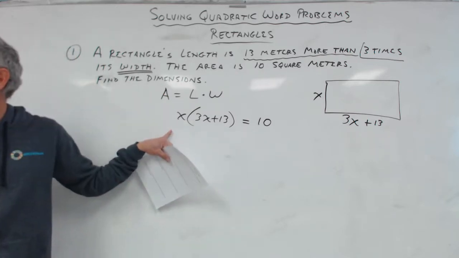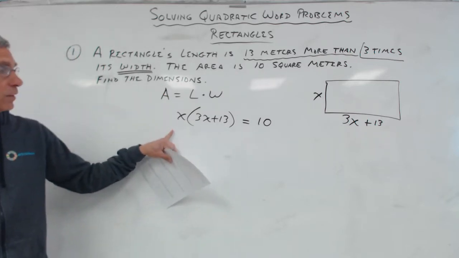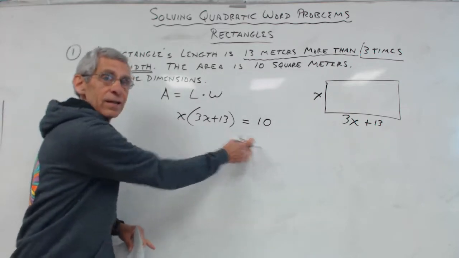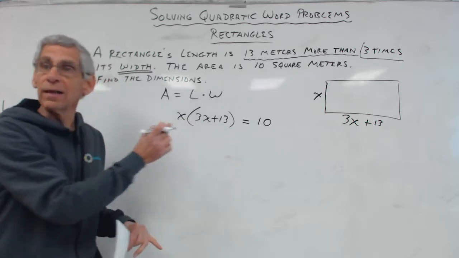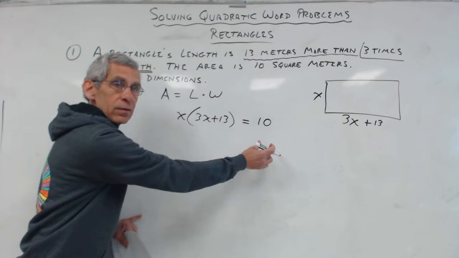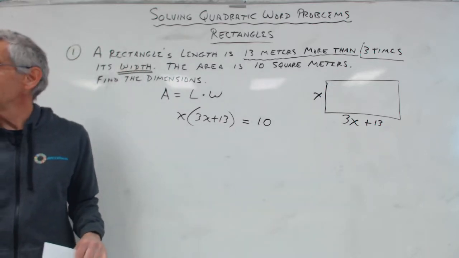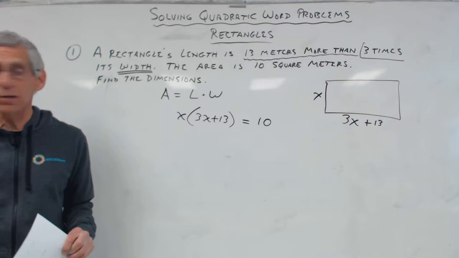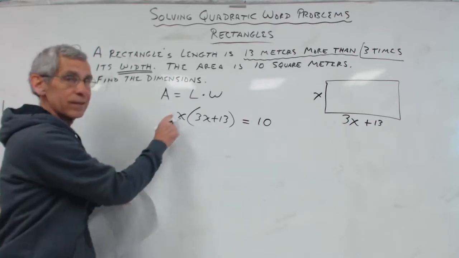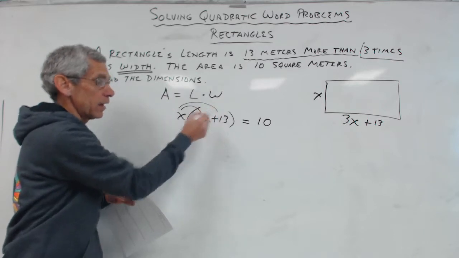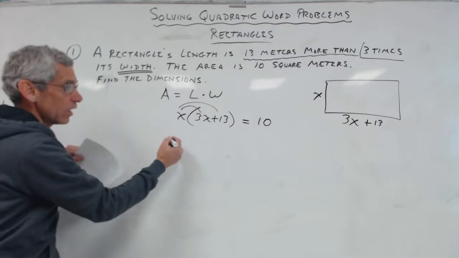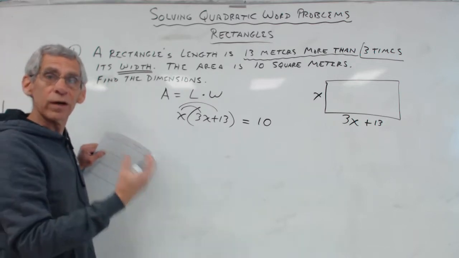There's my equation. Now I have to do something with this. I can't say if this times this equals 10, then either this equals 10 or this equals 10. That only works with that concept of if this equals 0, right? Remember that? So the whole goal on these is to set it equal to 0. But in order to do that, I've got to get rid of the parentheses. I've got to multiply this out by distributing the x, and then I can subtract the 10. It's just getting it into a normal quadratic equation.